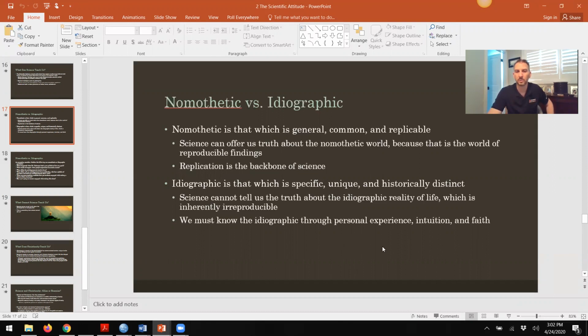It cannot tell us about personal experience, intuition, and faith. And so you might want to bring in this distinction between nomothetic and idiographic when you're talking about the limits of science, because science relies on replication. If you're talking about idiographic, you're by definition talking about things that aren't replicating. These are things that are unique, and so science cannot answer it.